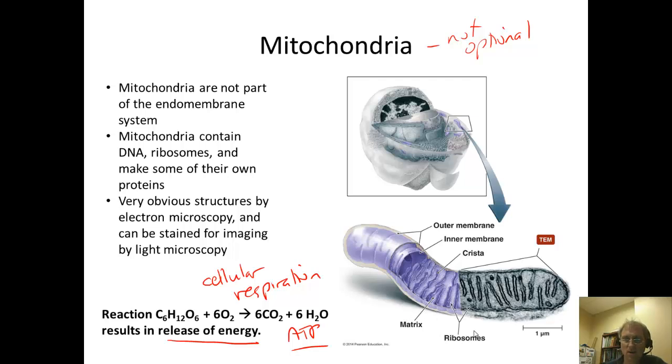see on here that mitochondria contain ribosomes. When people further analyzed mitochondria on a very close level, they also found that they contain DNA. They have a small DNA genome inside.